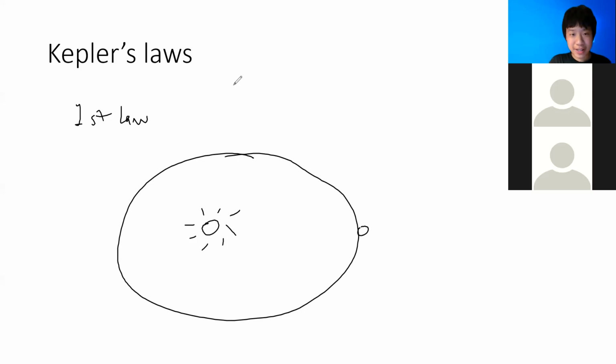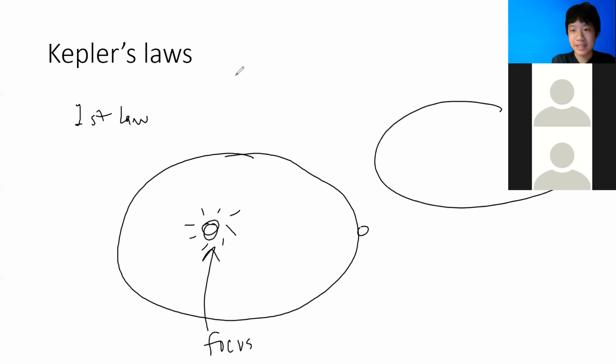And as a matter of fact, the star is located on one of the foci of this ellipse. If you don't know what the focus of an ellipse is, let me give a little lesson about what an ellipse is. Essentially, there are 2 foci in an ellipse, and the ellipse is defined such that for any point on the ellipse, the sum of the distances to the 2 foci remains constant. That defines the shape of the ellipse.